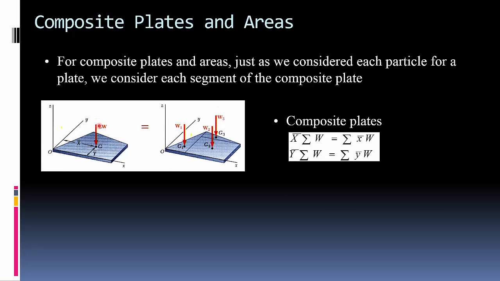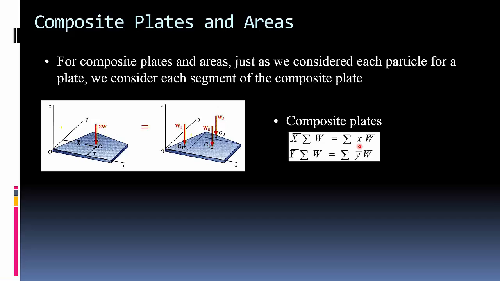There is one spot where you can add up all the weight and apply it at this magic location, x bar, y bar, and that has the same moment as if you took this portion of it and applied it at its centroid, this rectangular portion and applied it at its centroid, and this triangular portion and applied it at its centroid. And so what that says is that x bar times the sum of all the weight is the same as the sum of each individual's moments, x bar times the weights.